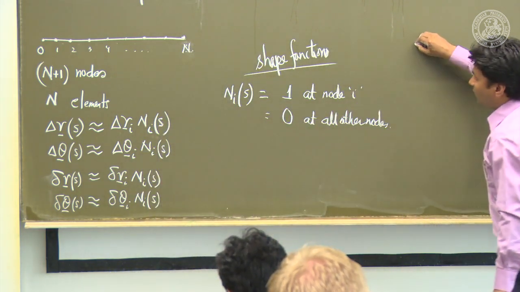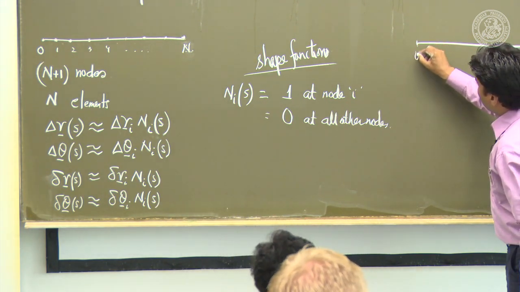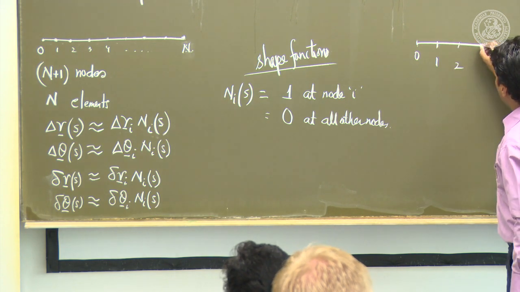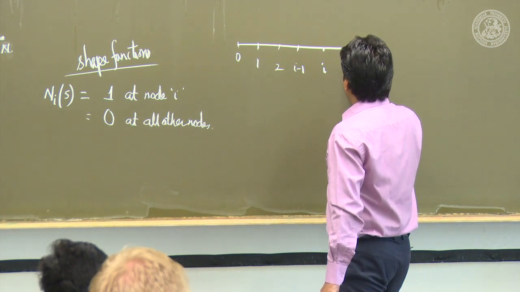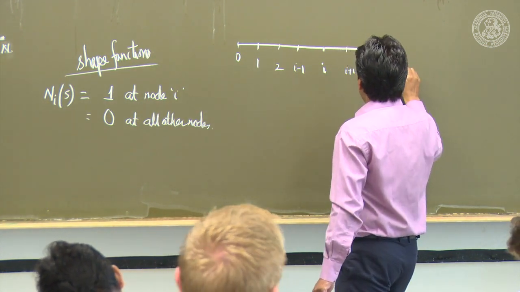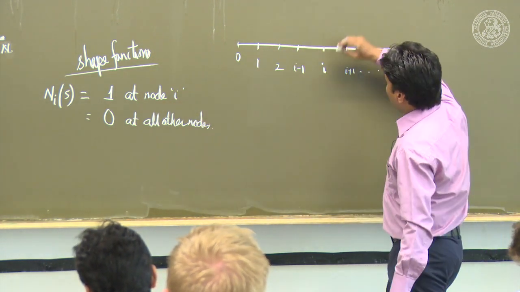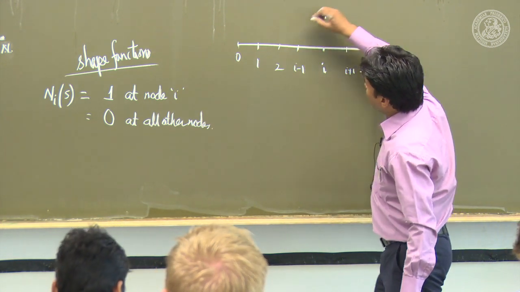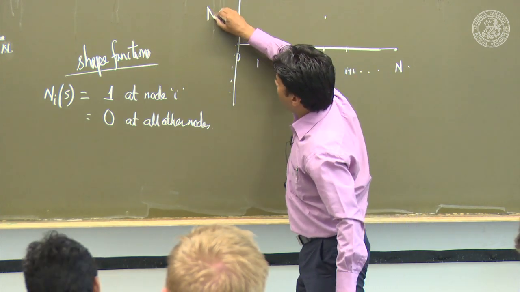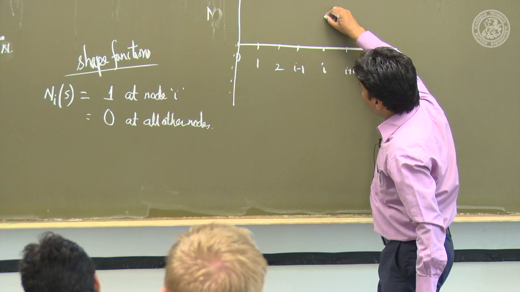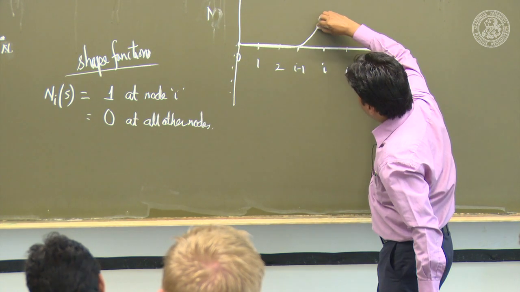So, for example, if I want to draw my shape function, so here is 0, node 1, node 2, node i minus 1, node i plus 1, and going up to node N. Then the shape function N_i will be 1 over here. So, I am drawing N_i, it is 1 over here, but 0 at every other place. So, it is going to be something like this.